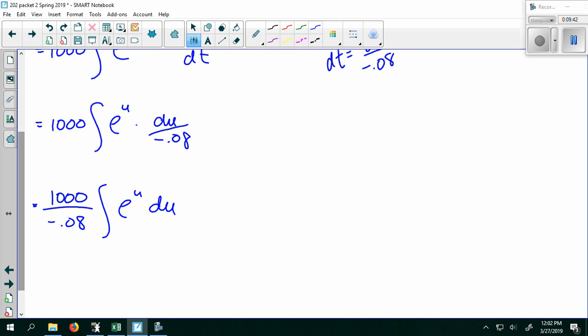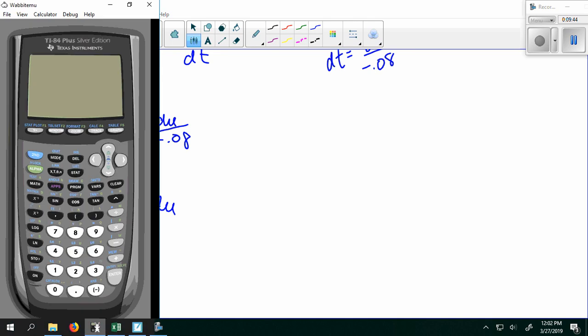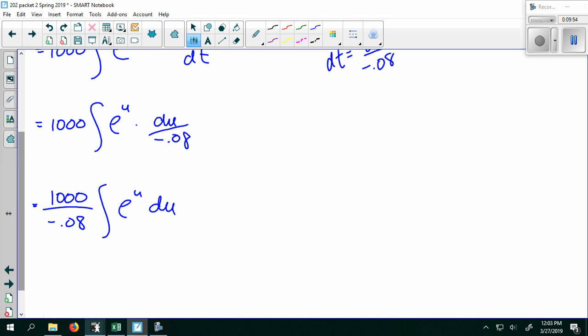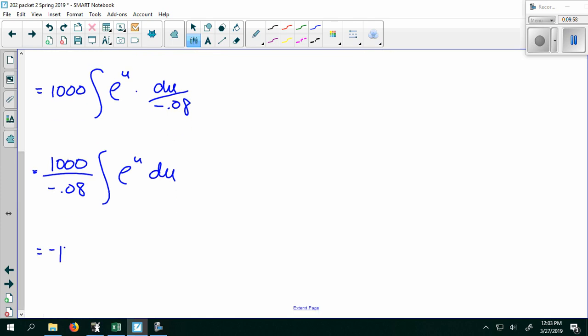Let's get a calculator to evaluate this constant. 1,000 divided by negative 0.08, negative 12,500. All right, then the antiderivative of e to the u is e to the u plus c.